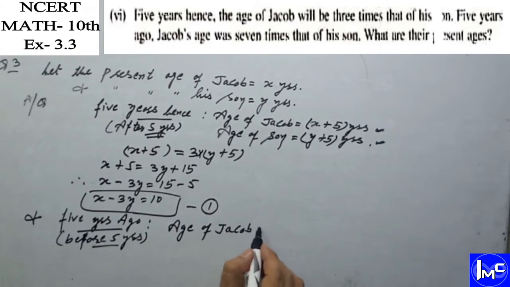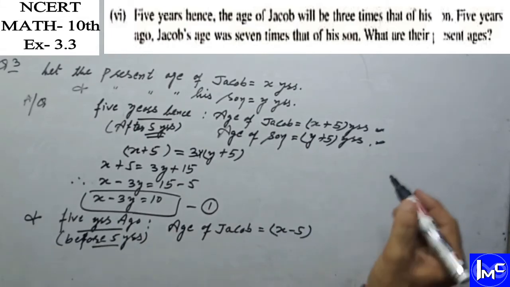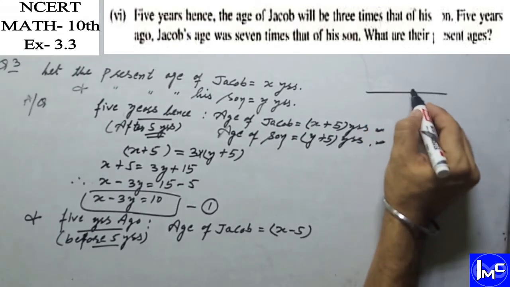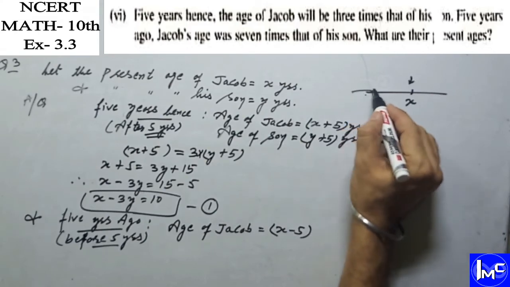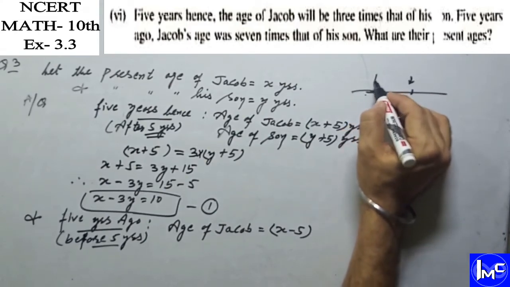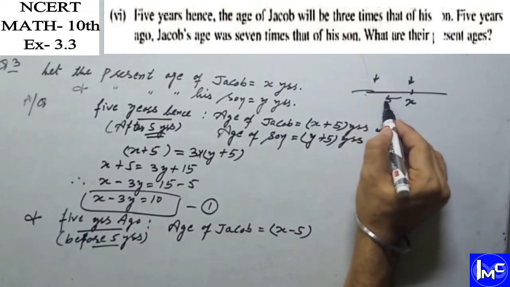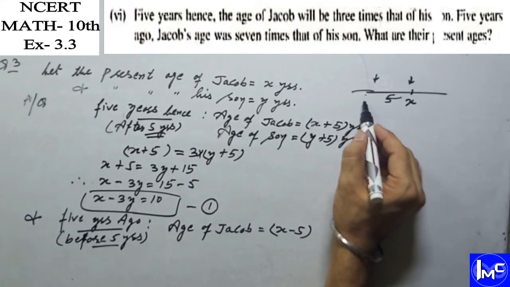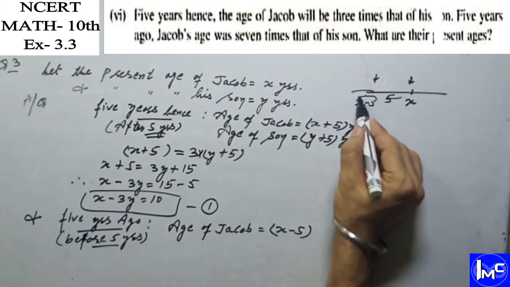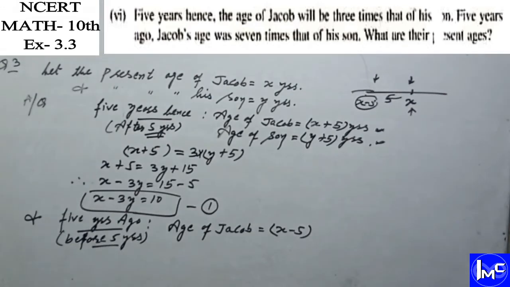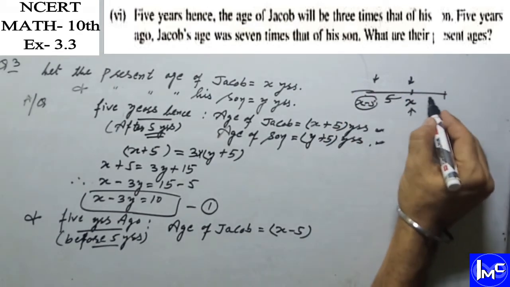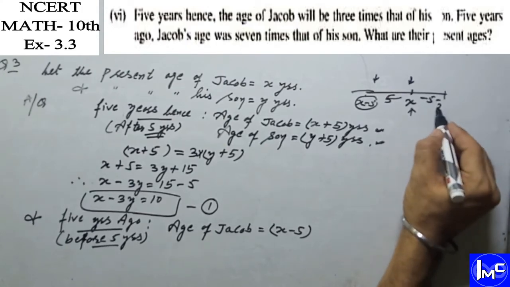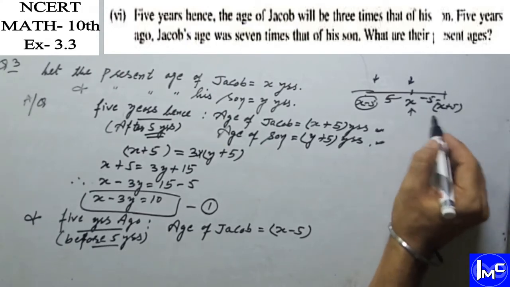Jacob will be x minus 5, because this is the present age of Jacob that we have supposed, and if we take 5 years before, then we have to minus 5 from this present age, and if we take the age of Jacob after 5 years, then we will have to add 5 in the present age.